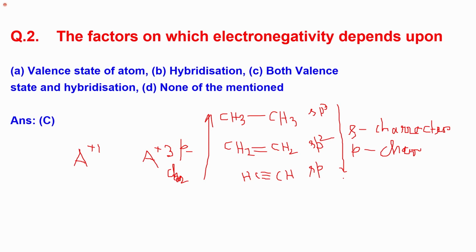So the orbital that is closer to the nucleus has more electronegativity. Between sp, sp2, sp3, sp has the most s character compared to sp2 and sp3.